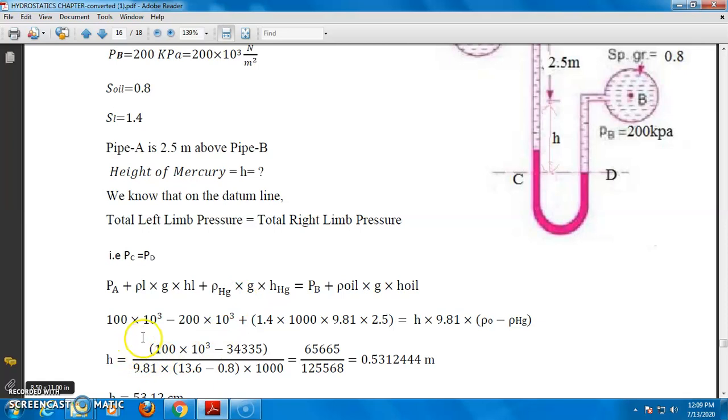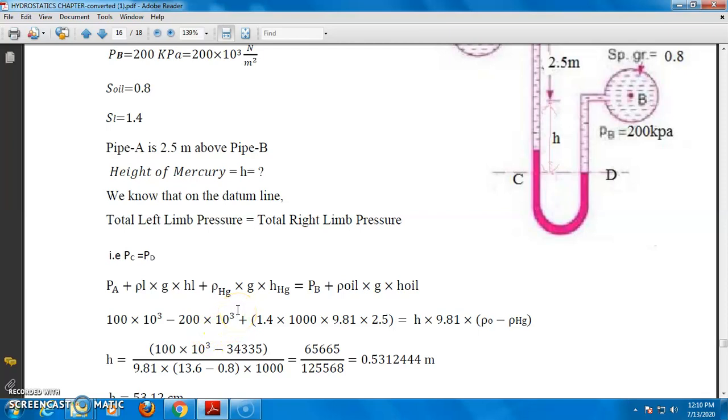First you observe here, PA is clearly mentioned. First I am taking PA on the left side, and PB I am taking from right to left. Then what will happen? PA minus PB. So PA value is 100 into 10 to the power 3 minus PB, that is 200 into 10 to the power 3.